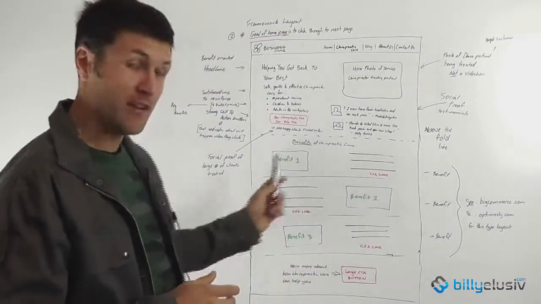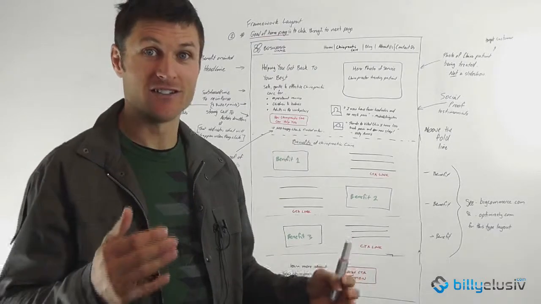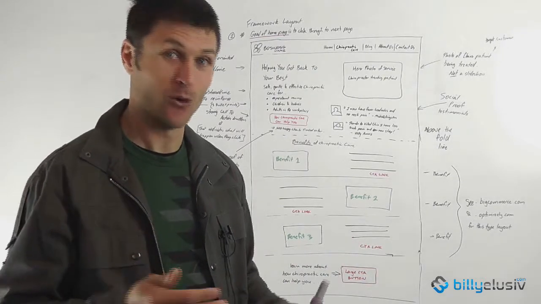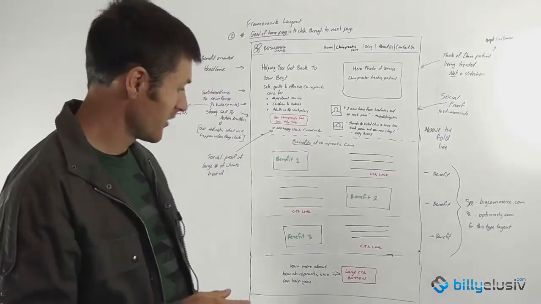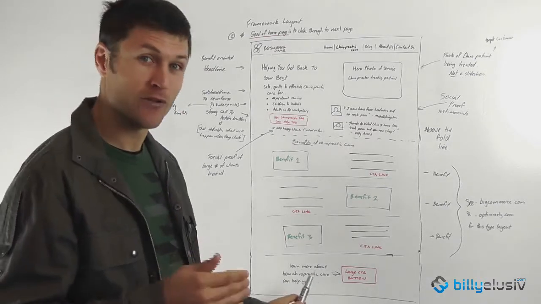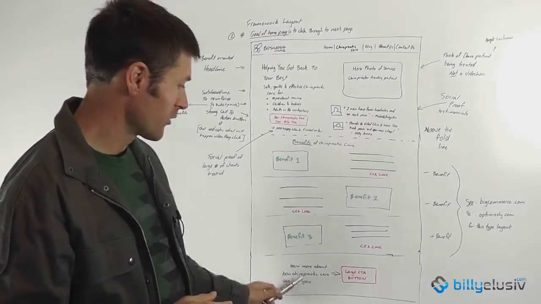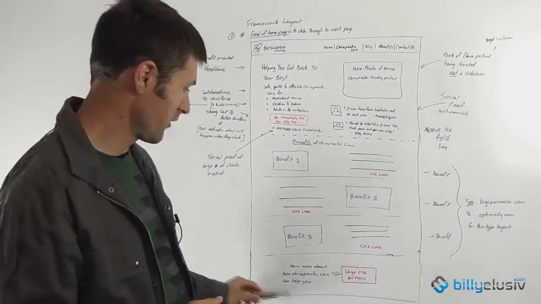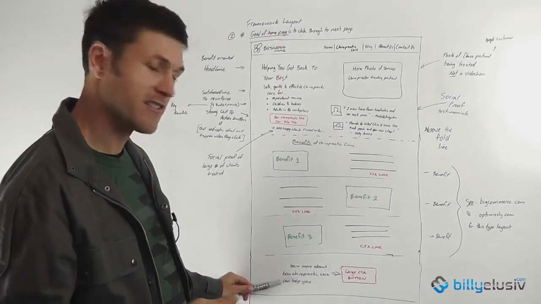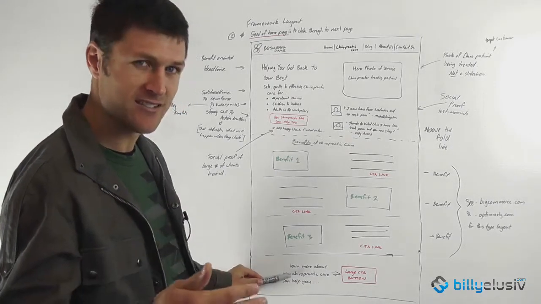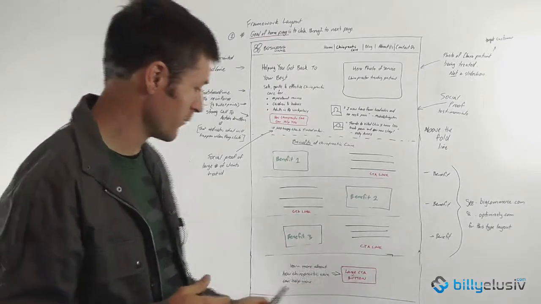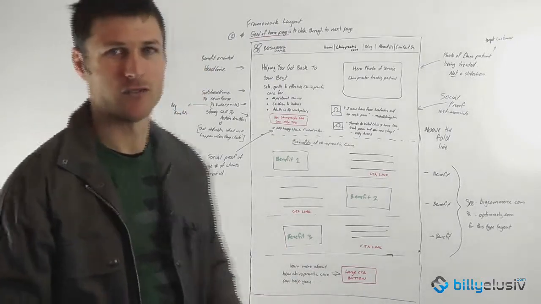Okay, so if none of those 3 benefits have enticed the customer to click through on one of those links, then you have it again at the bottom of the page, a big call to action button with the main benefits telling them to take their next step, and then below that's the footer.